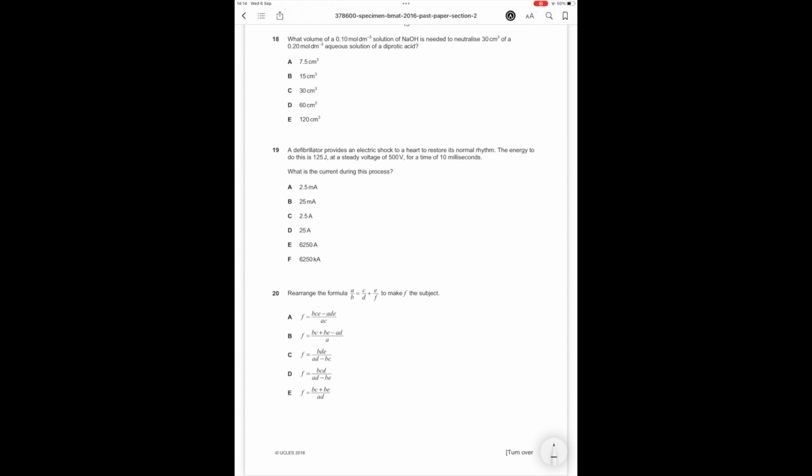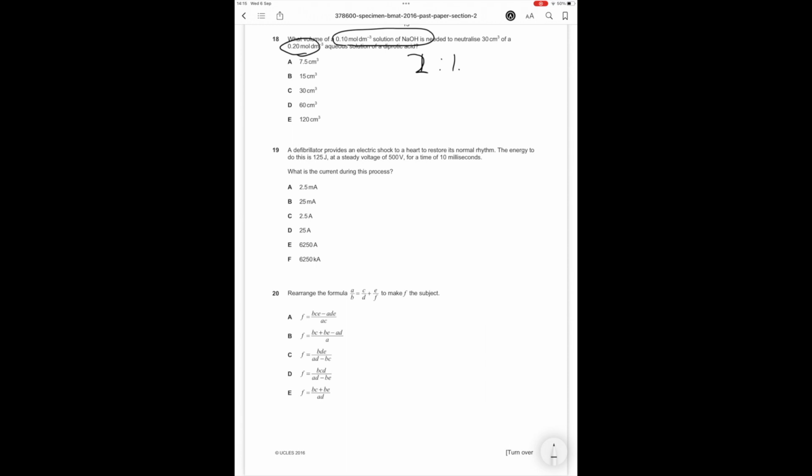What volume of a 0.1 moles per decimeter cubed solution of NaOH is needed to neutralize 30 centimeters cubed of a 0.2 mole per decimeter cubed aqueous solution of a diprotic acid? So the ratio you're going to need is 2 NaOH to 1. Since it's a diprotic acid, you need to balance it out. However, the other thing you need to remember is the concentration of NaOH is also half.